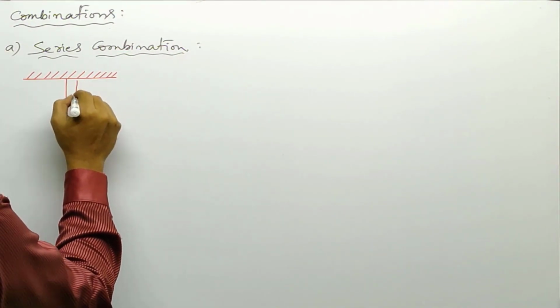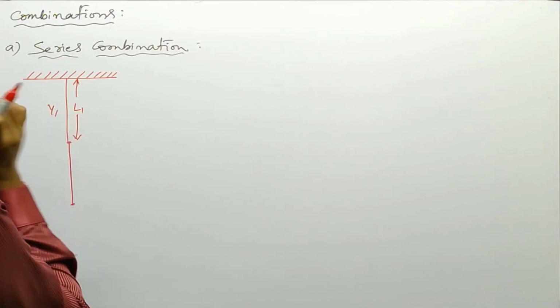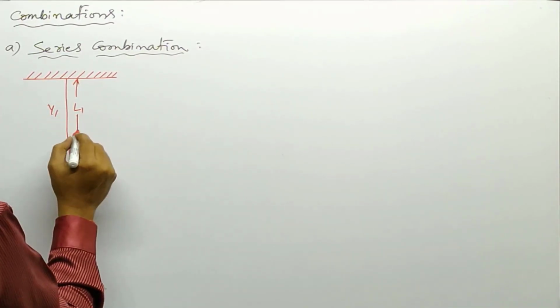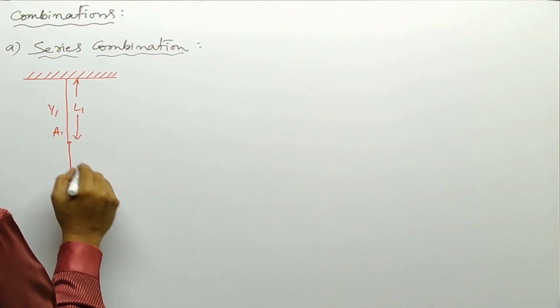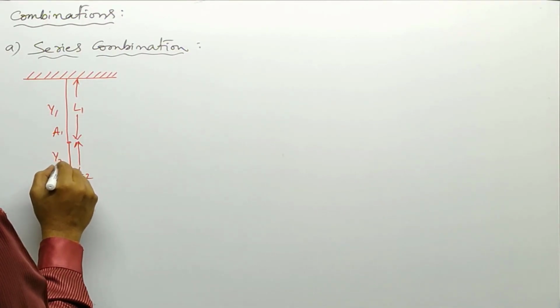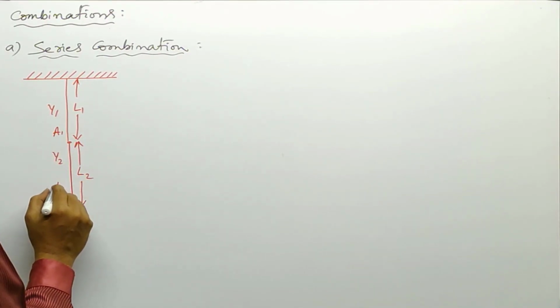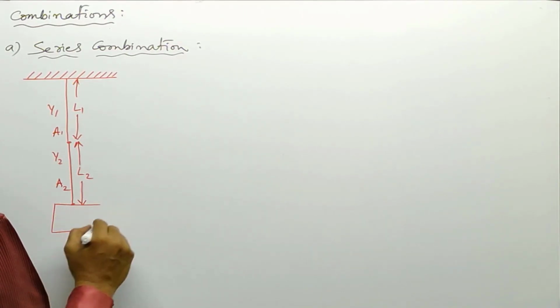See here, the first wire length is assumed as L1, Young's modulus is Y1, and area of cross section is A1. Then the second wire length is assumed as L2, original length, and Young's modulus of the second wire is assumed as Y2. Area of cross section is taken as A2.